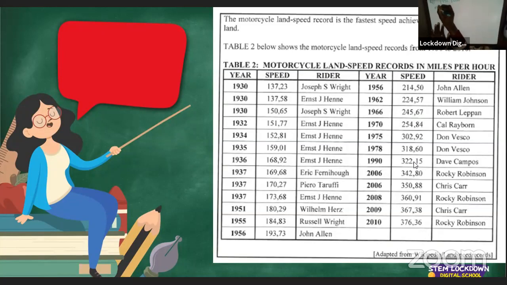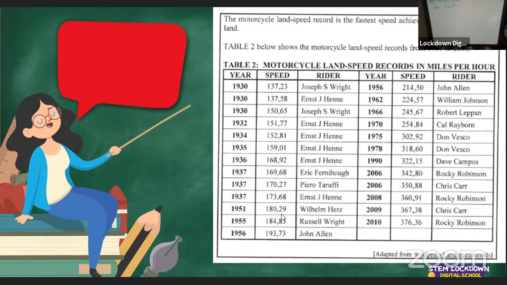So I can write max is equal to 322.5. That is the highest value I got there.